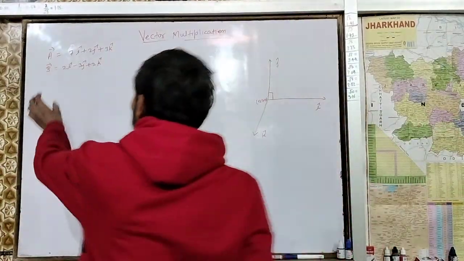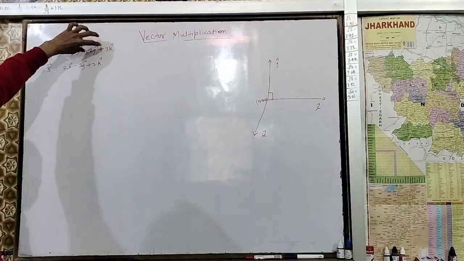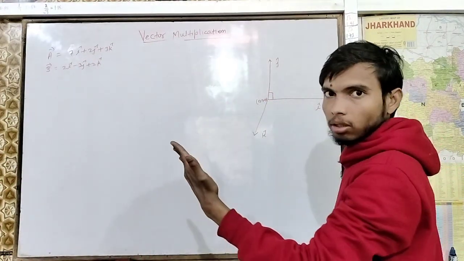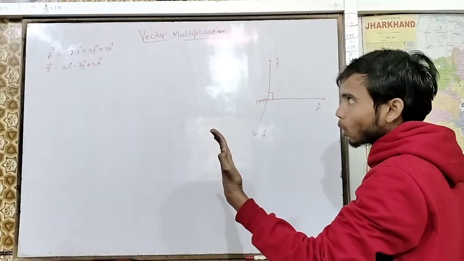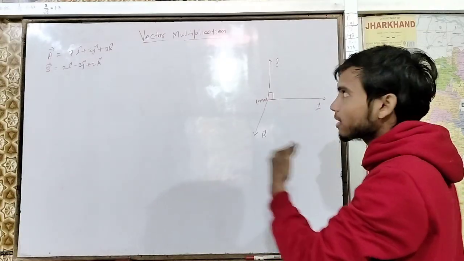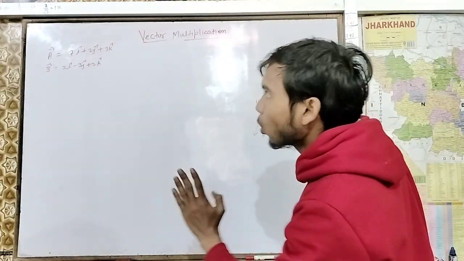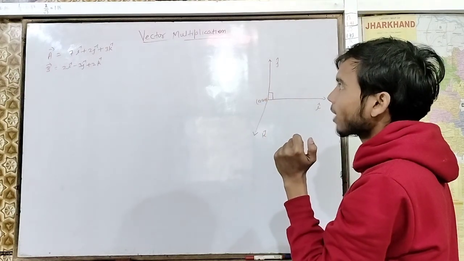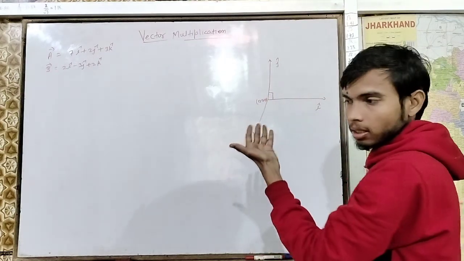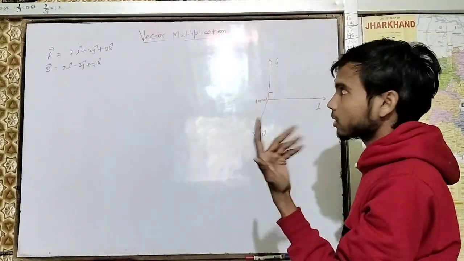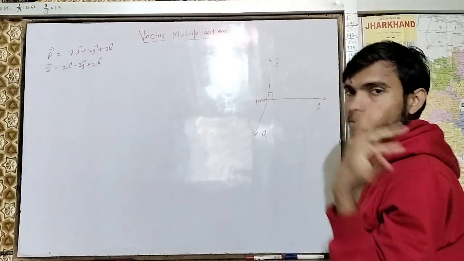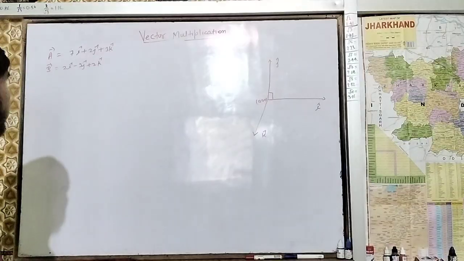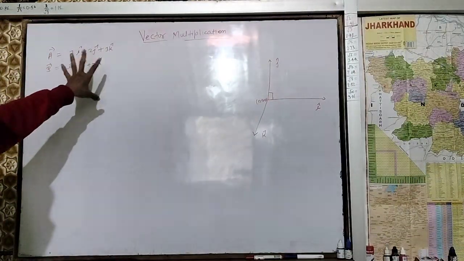Location of this first vector is given in this way. It is saying 7 on positive x-axis, 2 upward on y-axis, and 3 in front, 3 units front. That is how we communicate a given vector of this type.